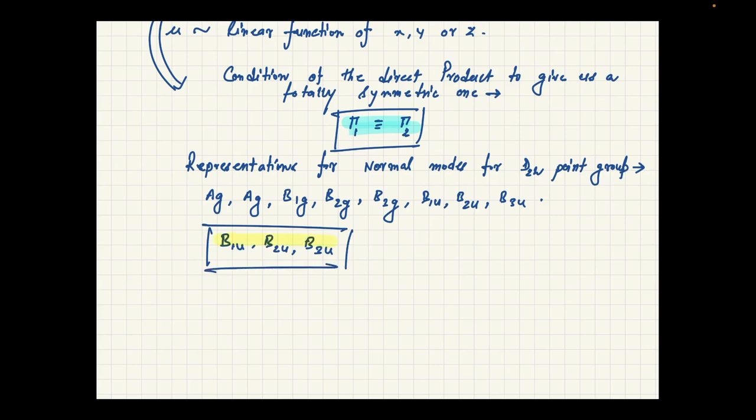The number of normal modes can be more than three, because two irreducible representations, like two B1U, can represent two normal modes, right? So these three symmetries, these three irreducible representations, will be infrared active.